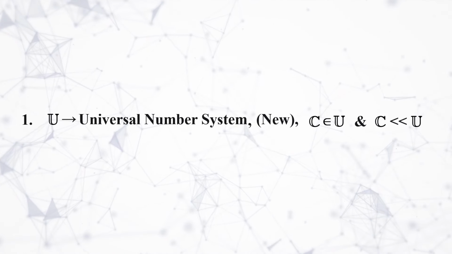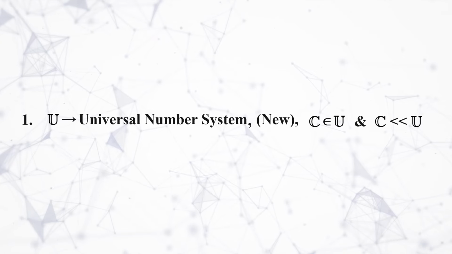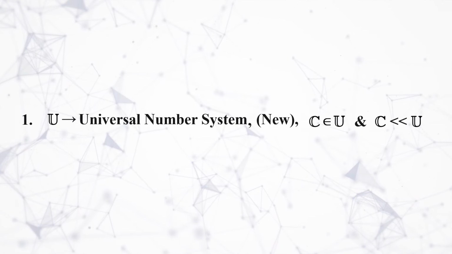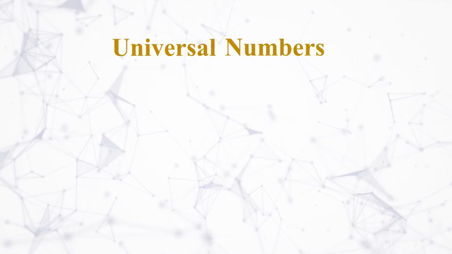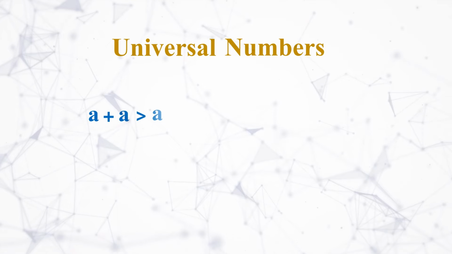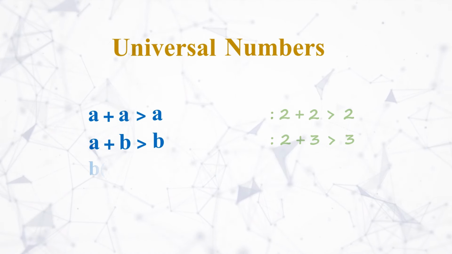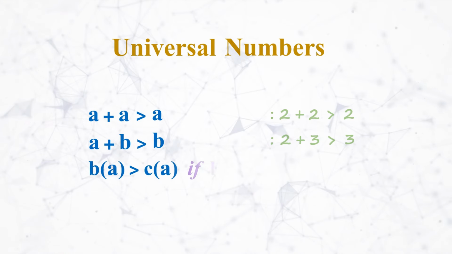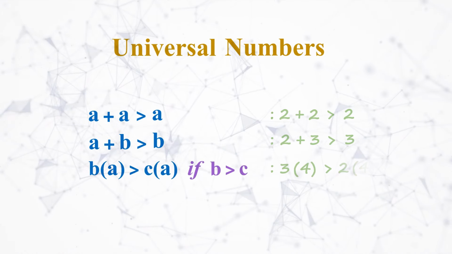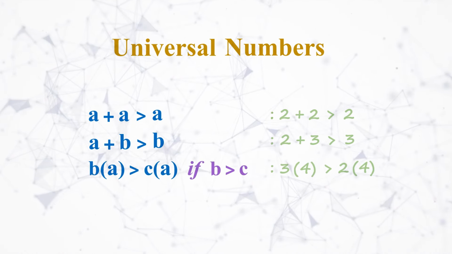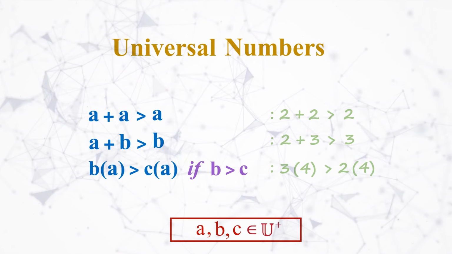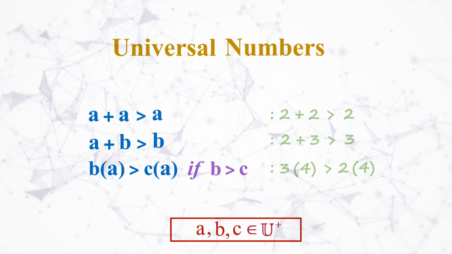The second point is actually the end conclusion, but in reverse, and if we learn it this way it will be easier. While discovering, we have this set of logic: A plus A is greater than A plus B is greater than B times A is greater than C times A if B is greater than C. These logics are applicable for all the positive numbers in universal numbers, including 0 and infinity.